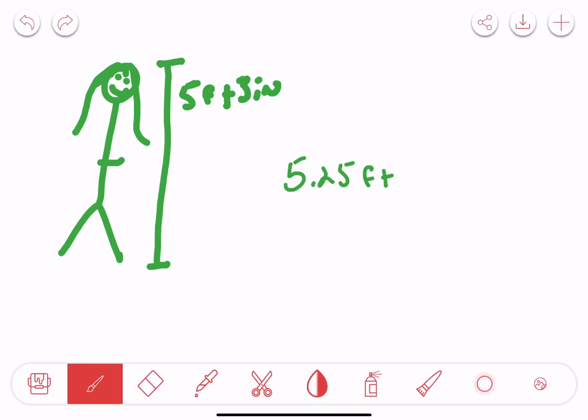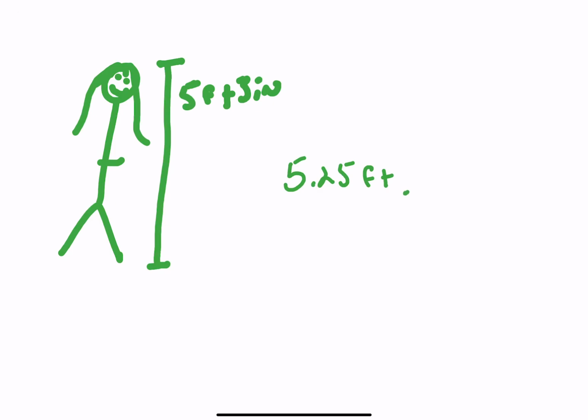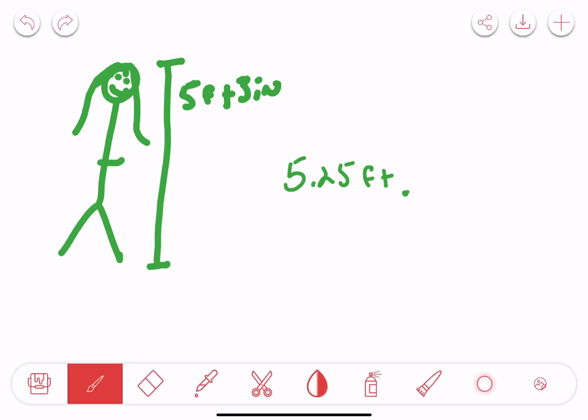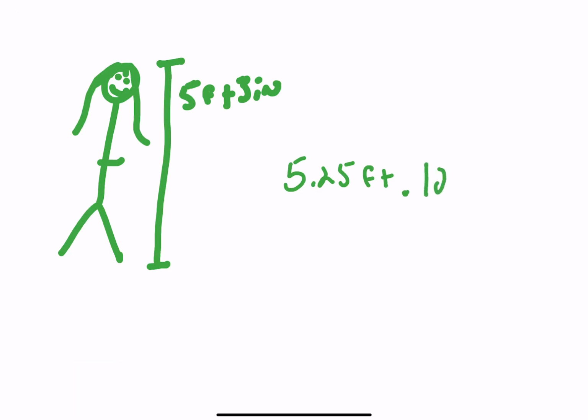Now, let's say I wanted to convert that to inches. I wanted to know exactly how many inches Miss Summers is. Well, what I multiply that by is the conversion factor to get from feet to inches. So I know that there is 12 inches in 1 foot.